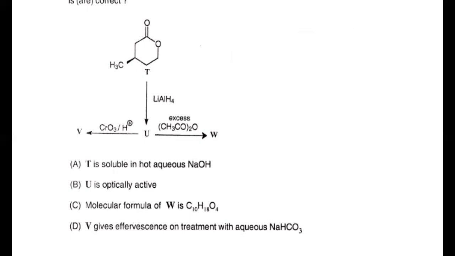So first you write down compound T, compound U. So compound U after reduction will get the CH2OH, and here it will be CH2OH, and in this carbon CH3 is there.